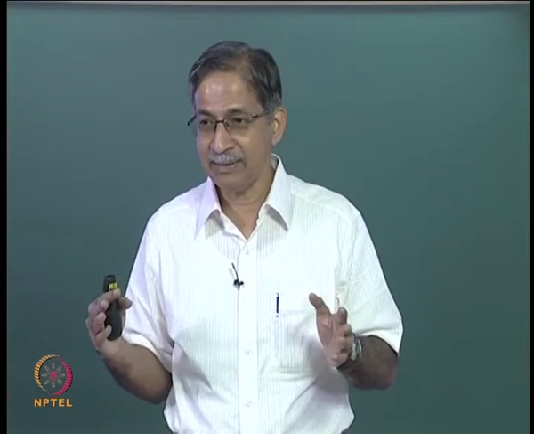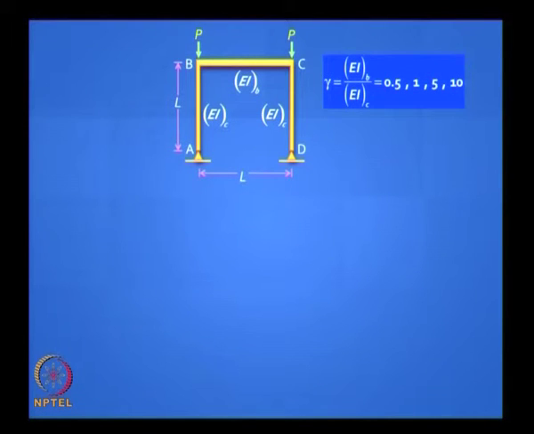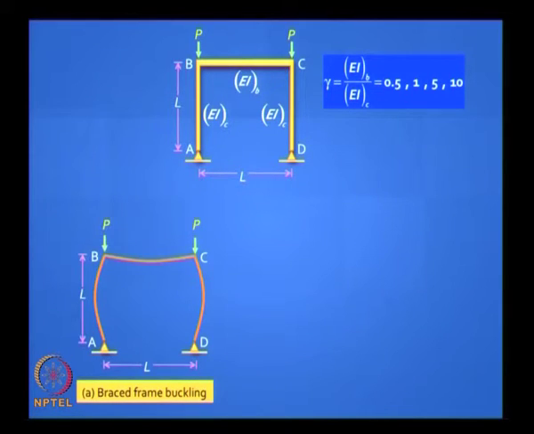If it's braced, let's look at that. Let's look at the two modes of failure. If it's braced, how do you think it will buckle? Braced means no sway. How do you think it will buckle? It will buckle like that. Okay, you are doing like that.